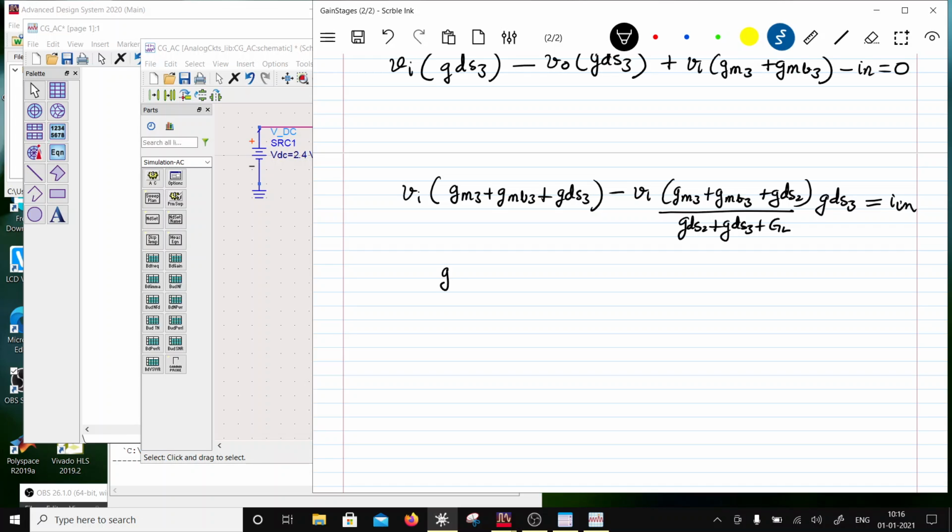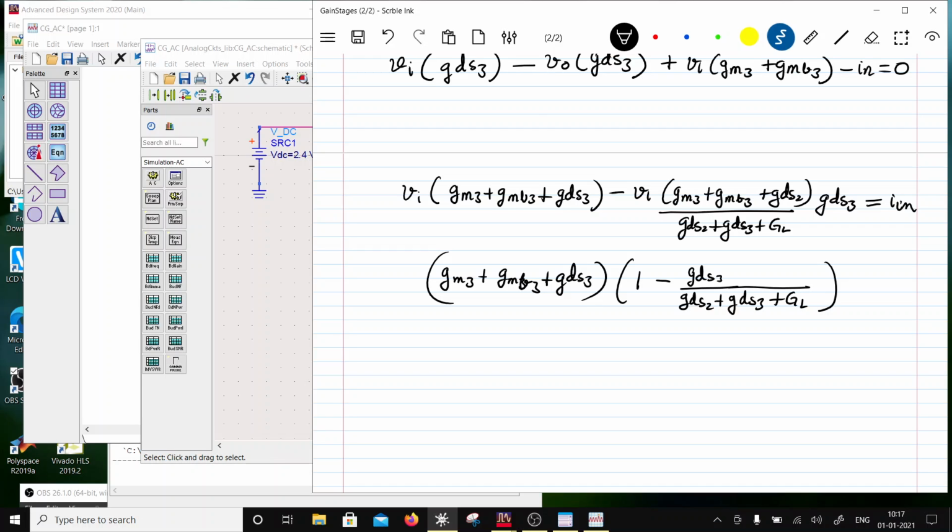Okay, so now I'm going to collect the terms of IN by VI. So I have this GM3 plus GMB3 as common plus GDS3 is common, and this will be 1 minus GDS3 divided by GDS2 plus GDS3 plus GL. Okay, so now if I was to solve this side, I'm just going to simplify this.